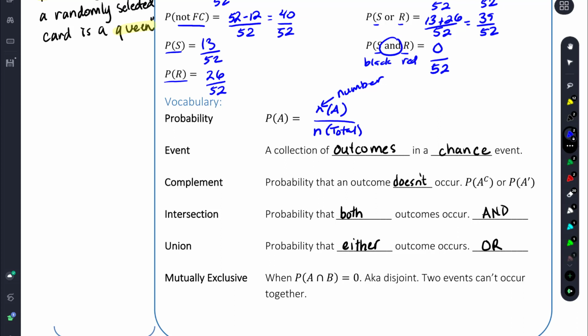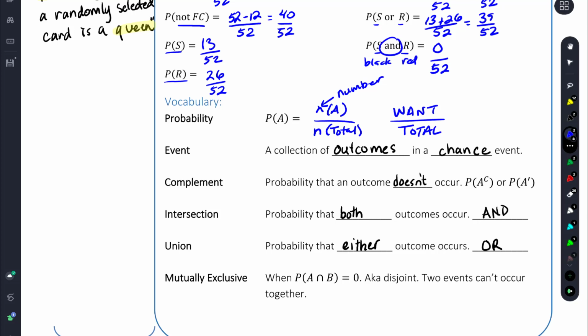Now, I like to think about this in a much more simplified way without any extra notation. Probability is very simple. If there's one thing that you can take away from this entire lesson, it's that probability can be found as the fraction of what you want to see divided by the total number of possible outcomes. Want over total. If you can remember that with probability, you're going to go far.